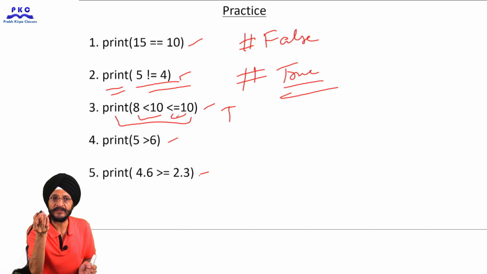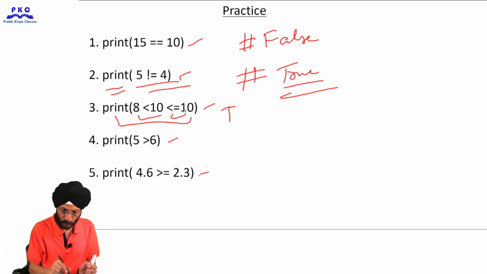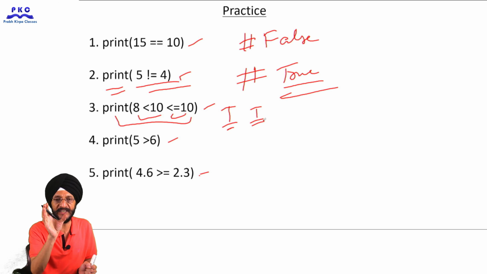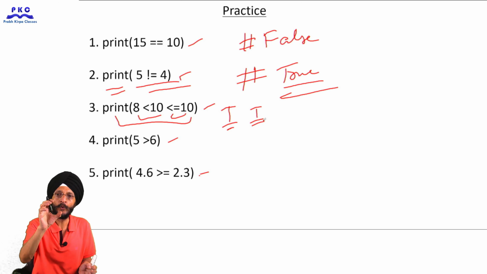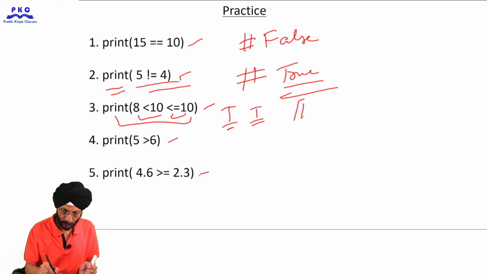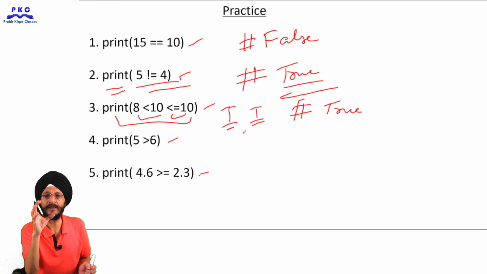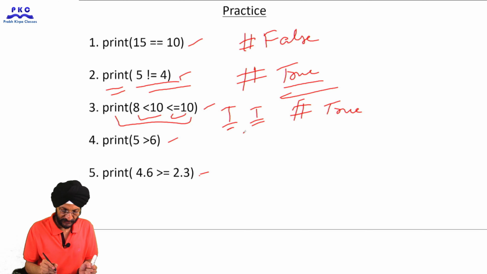Either of the two conditions. Here 10 is equal to 10. It is true. That is, the first part is true, the second part is true. In case of chained comparison, both the conditions have to be true for the overall result to be true. If any of the conditions is false, the overall result will be false.